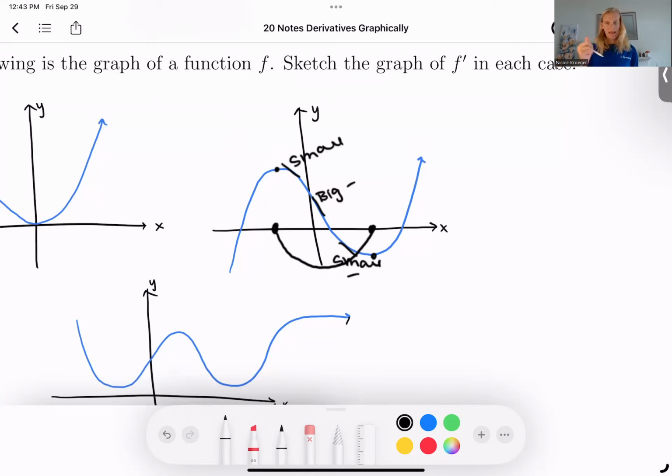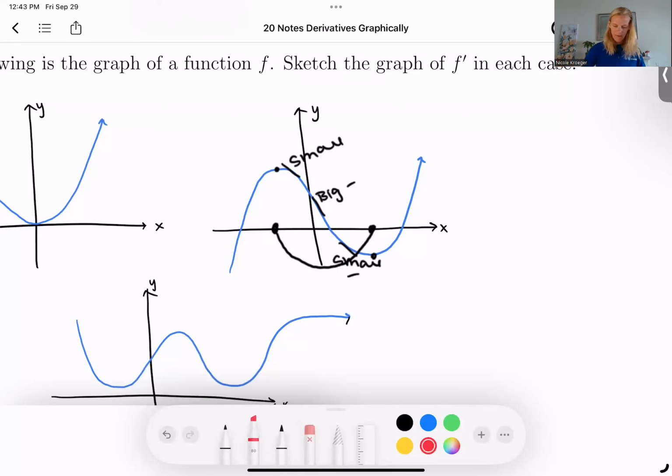These are all negative numbers, so the y values are negative: smaller negative numbers, bigger negative numbers, smaller negative numbers. The thing I'm graphing right now is the derivative. The y values of this graph should be the derivatives of the original function.